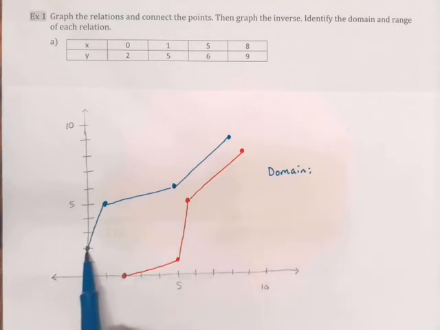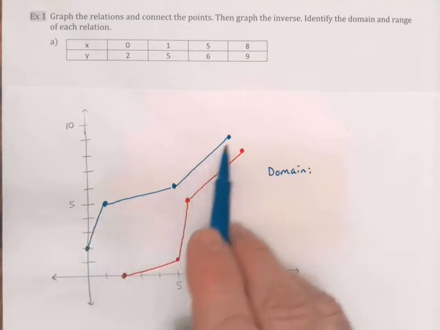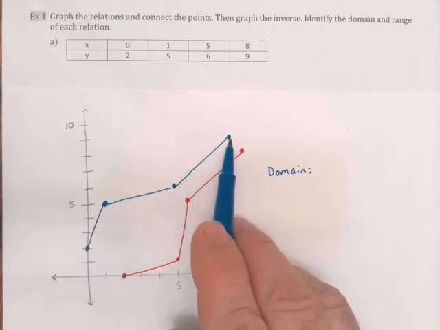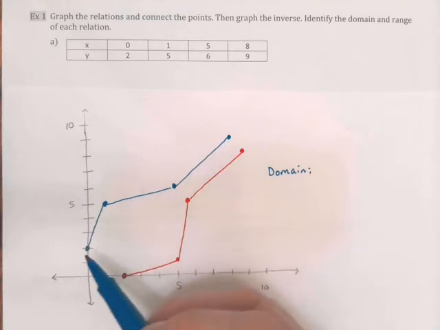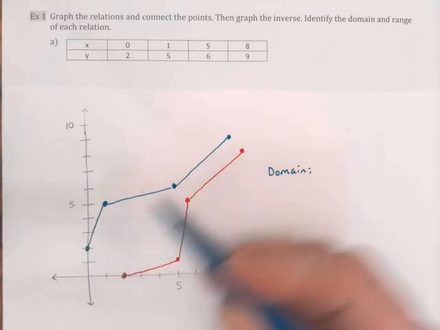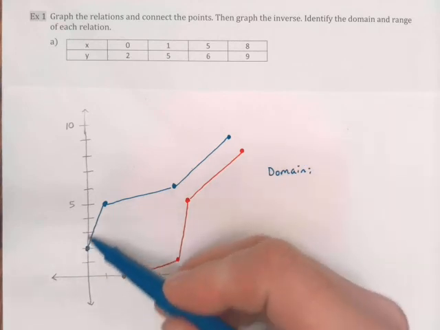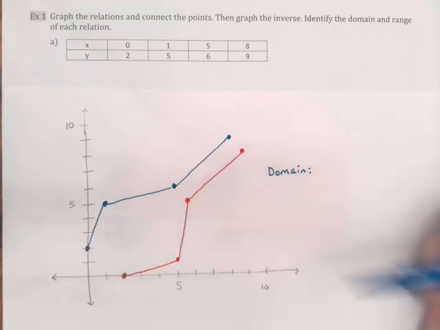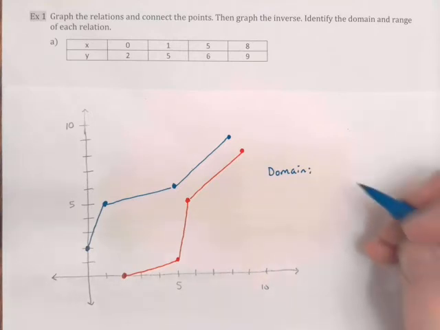The point that's furthest over to the left has an x-coordinate of 0, and the one furthest to the right has an x-coordinate of 8. So our graph goes from an x-coordinate of 0 to an x-coordinate of 8. All of the points in between are filled in. So that means that our domain is from 0 to 8 inclusive.